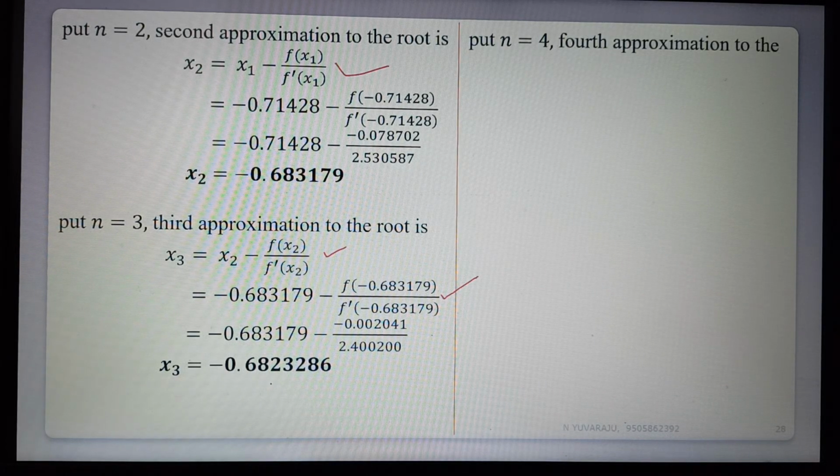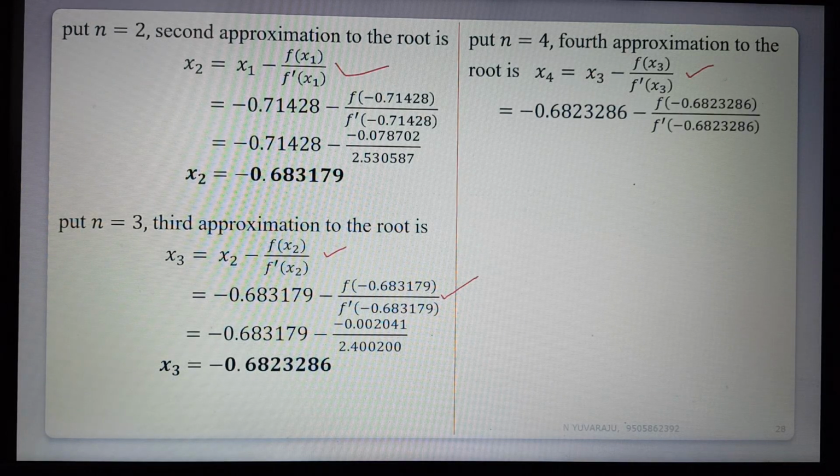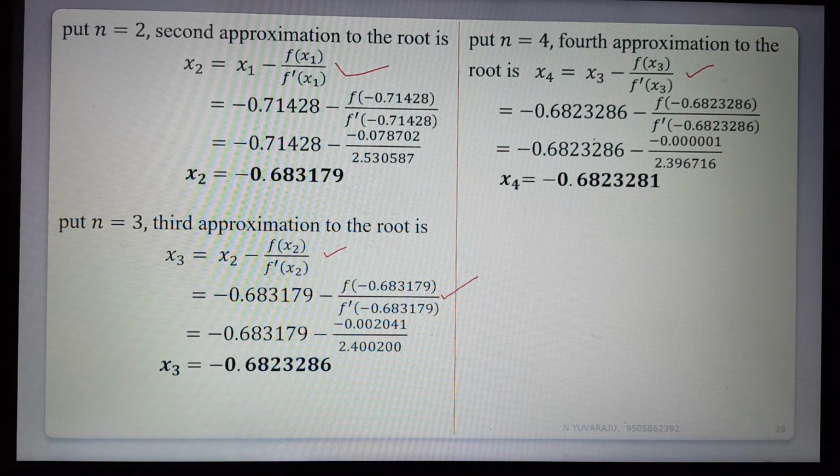Next, fourth approximation: x4 is equal to x3 minus f of x3 by f dash of x3. Substituting the x3 value and simplifying, x4 is equal to minus 0.682328.